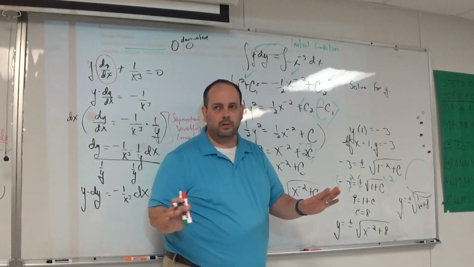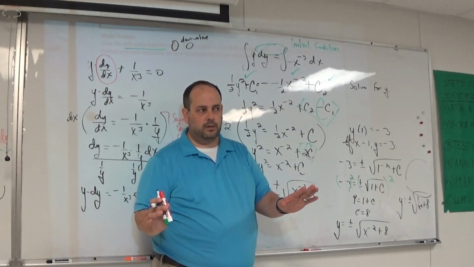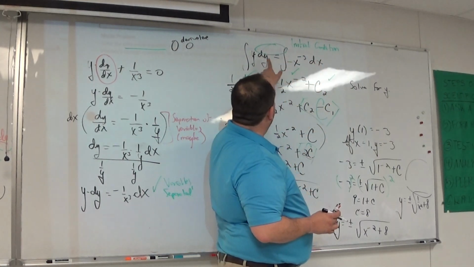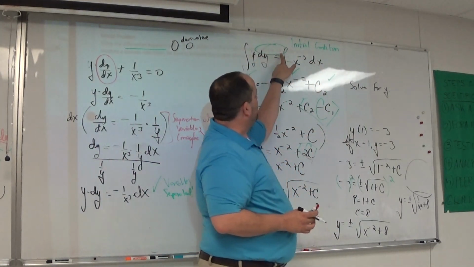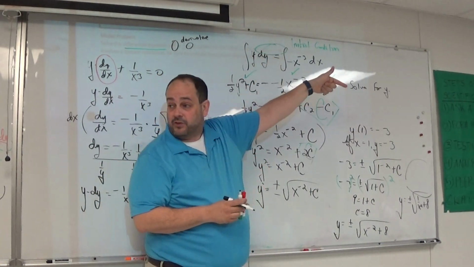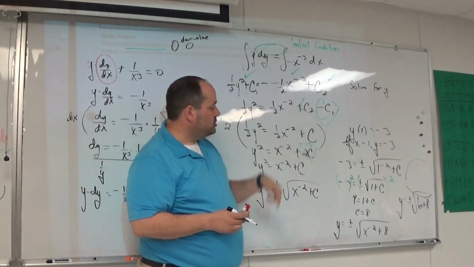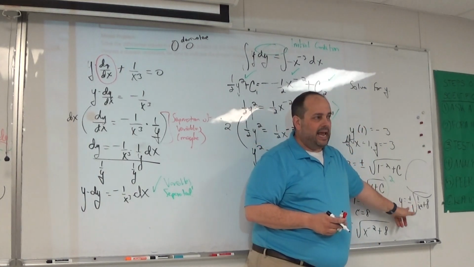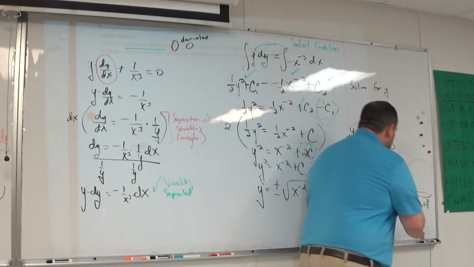According to the initial condition, y(1) is equal to negative 3. If I plug in 1 for x, I get negative 3 out for the y. So do we want the positive version of the square root or the negative version? Negative. It has to be the negative.